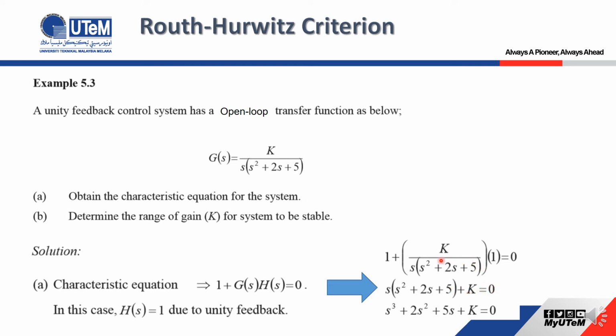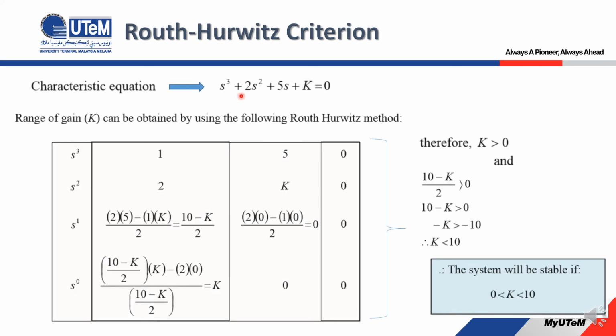The denominator component we transfer to this side, and after we transfer, we simply multiply, so the right side becomes 0. So the characteristic equation of the system becomes s to the power of 3 plus 2s squared plus 5s plus K equal to 0.